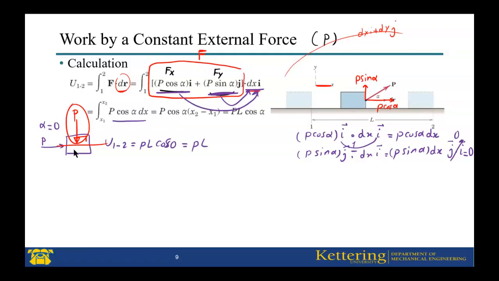Because it's not moving in that direction and is perpendicular to the displacement. Using this equation, if P is perpendicular, it will be PL cosine of 90 degrees, so PL multiplied by 0, because cosine of 90 degrees is 0.